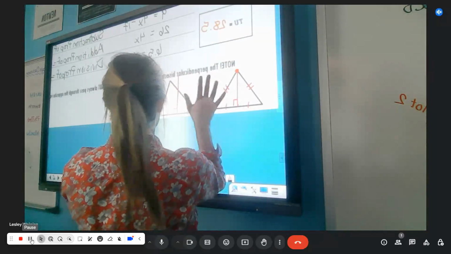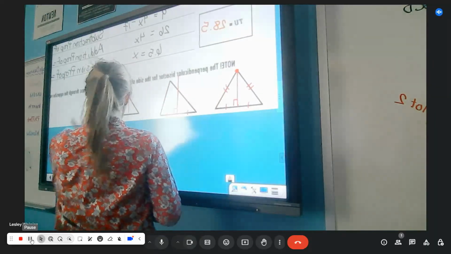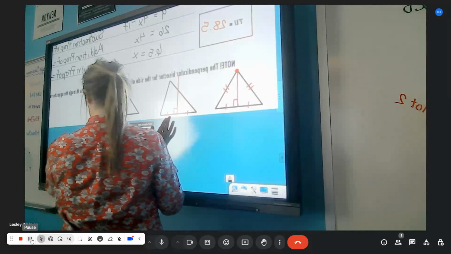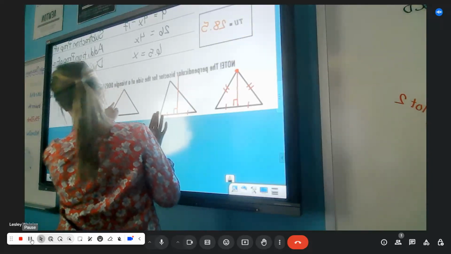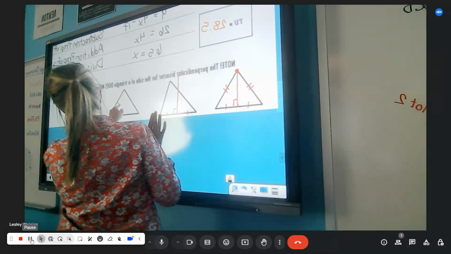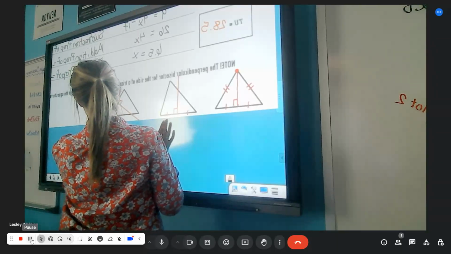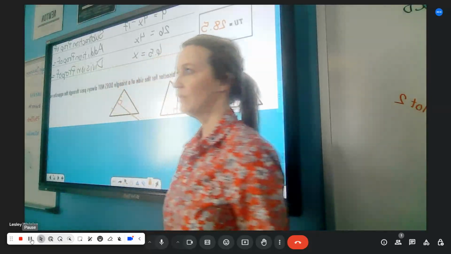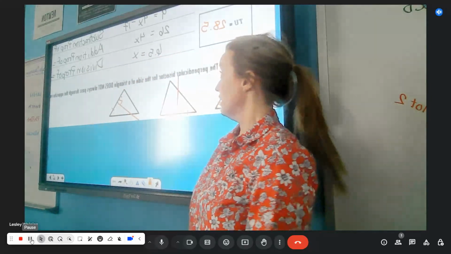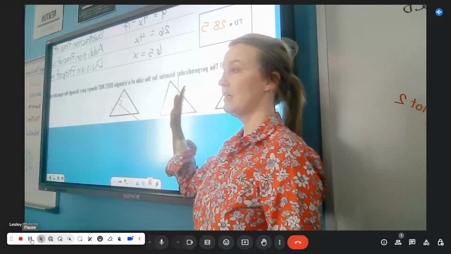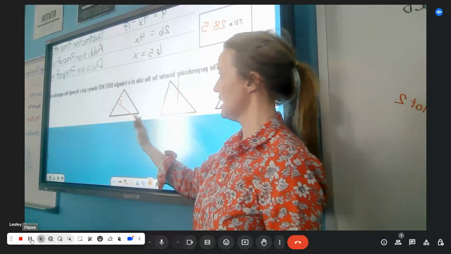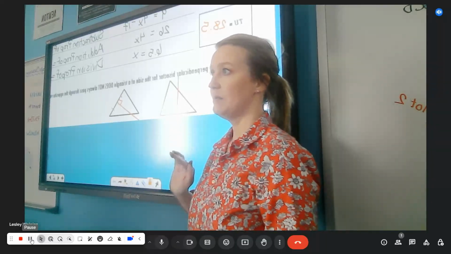So I essentially have the same picture. But if I go through the other side, and I'm bisecting this side instead, and I go 90 degrees, you see I'm missing my opposite vertex. Okay, so the perpendicular bisector for the side of a triangle does not always pass through the opposite vertex.